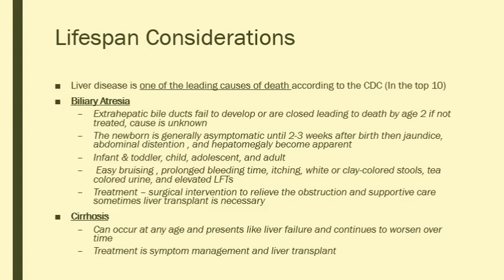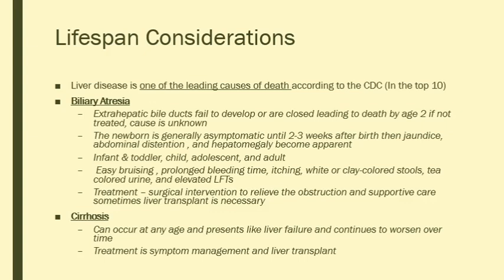As the kiddo gets older, in the infant and toddler stages, they have easy bruising and prolonged bleeding time when they get a little cut. They might have itching, white clay-colored stools, tea-colored urine, and elevated LFTs. LFT stands for liver function test.